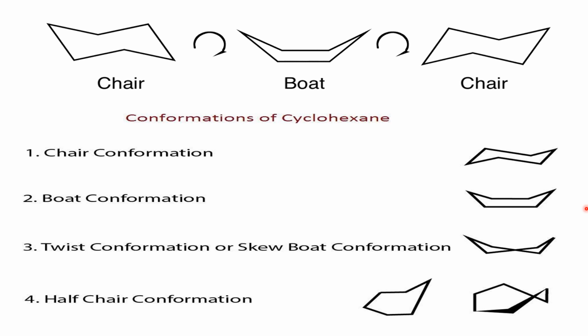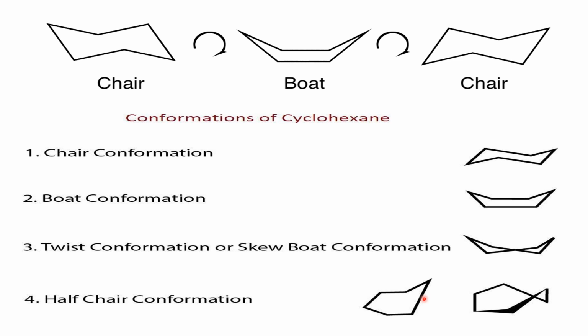Some of the important conformations that we meet during the transformation of boat to chair or vice versa are the twist or skew boat conformation and the half chair conformation. Apart from these, a very large number of other conformations are possible, but they are less stable compared to boat conformation and chair conformation.